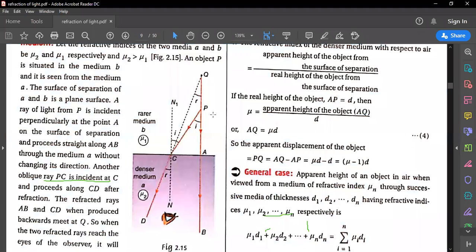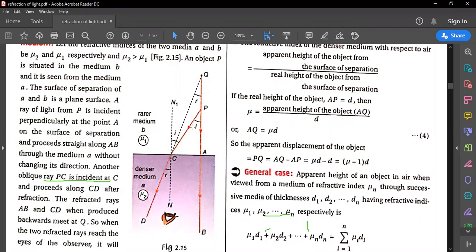Let us say P is a bird. So a swimmer in the denser medium is seeing a bird P in air. The refractive index of the denser medium is mu2 and that of the rarer medium is mu1.